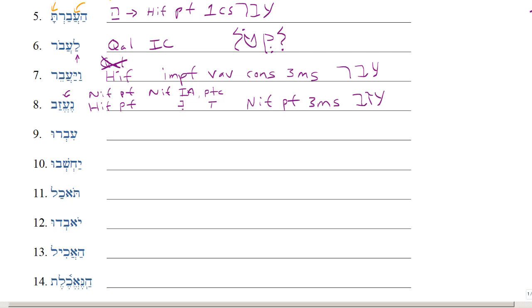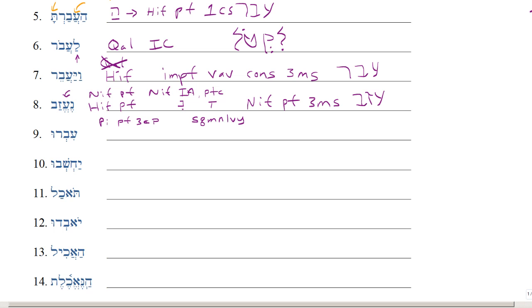Number 9, we have ivru. This looks like it could possibly be a Piel perfect third common plural, but we don't see a doubling of R2, and bet is not one of our begadkefat letters that sometimes drop the doubling, drop the dagesh forte with a vocal schwa.